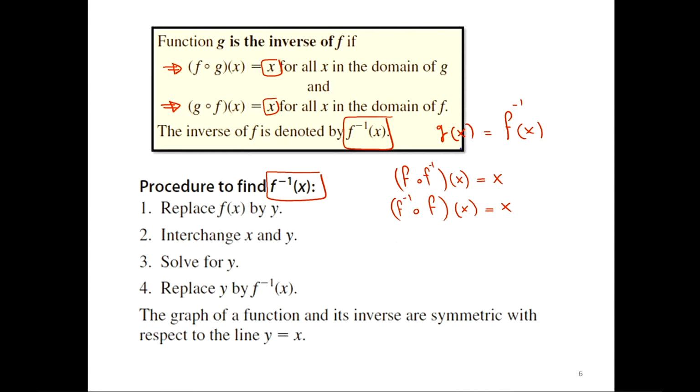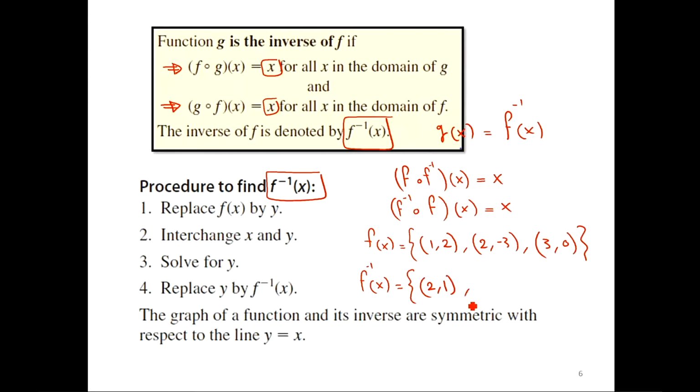Simple example about the inverse. If f of x equals like this, 1 with 2 and 2 with -3 and 3 with 0. So the inverse function equals what? We have 1, 2. So the inverse must be 2, 1.